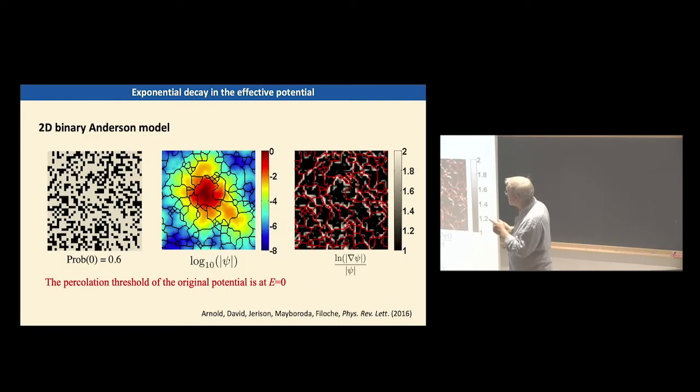So an example, for instance, here you have a 2D potential, binary Anderson model, which means that the potential is either 0 or 1. And the probability to have 0 is 0.6, which means you're in 2D, you are above the percolation threshold, which means that if you are on the white point here, if you are at 0 potential, you almost can escape to infinity with probability 1.